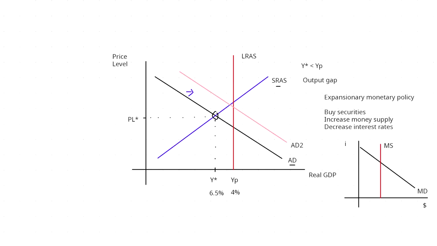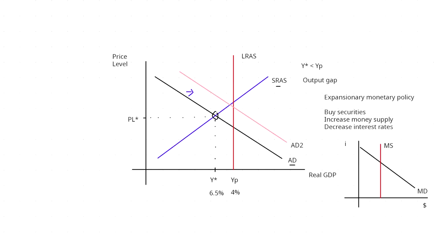Securities are assets that you can trade for money, but they aren't actually money, so you can't really do anything with them until you sell them to somebody else. You don't have any cash in hand until it either matures and you get paid off, or somebody buys it off of you. So the central bank, the Federal Reserve in the United States, can go into that open market and buy those securities off of people.